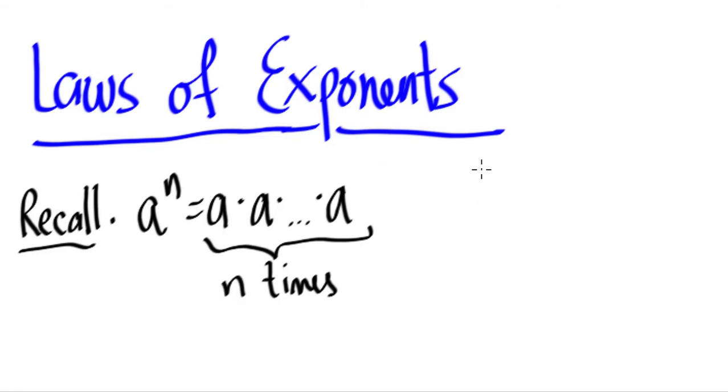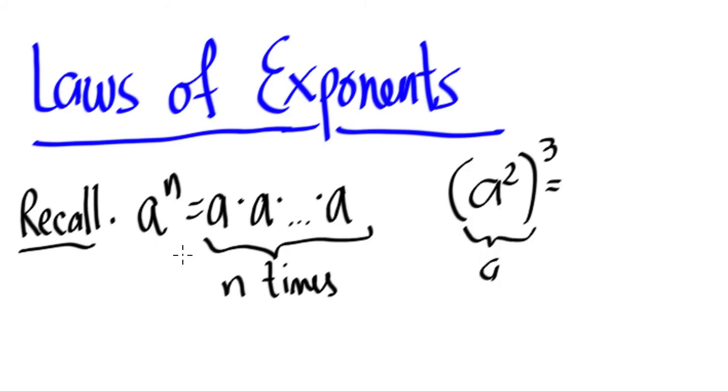So for instance, let's say we have a squared cubed. So this a squared is being cubed. Now, how can we operate this? Since this a squared is being cubed, imagine this a squared as your a in this exponent here.